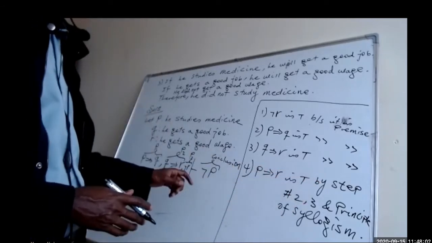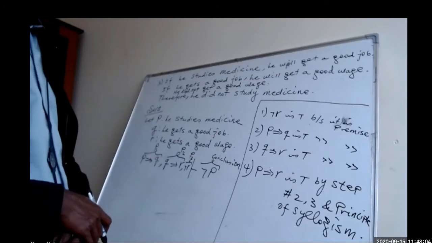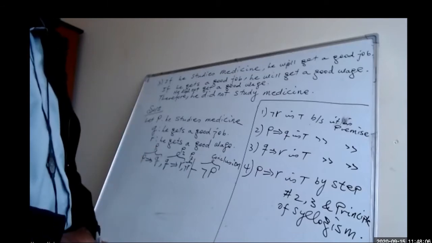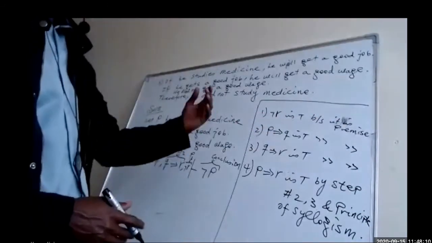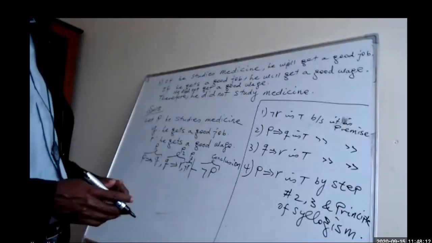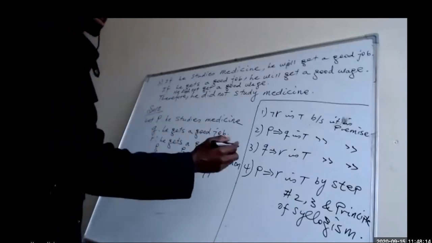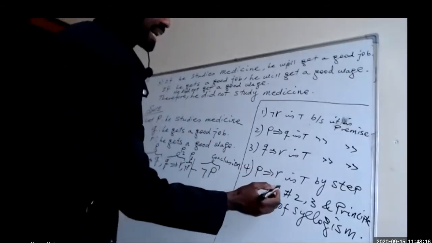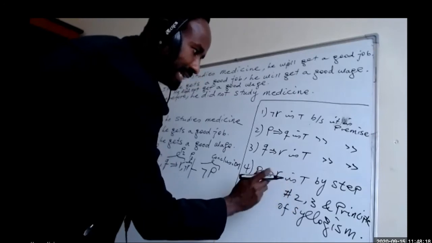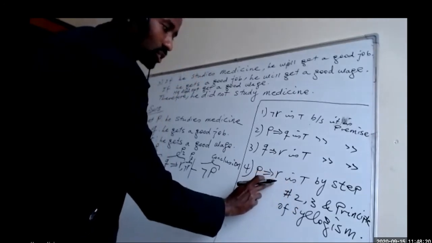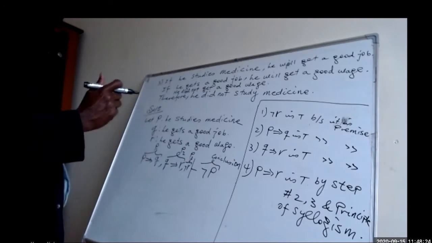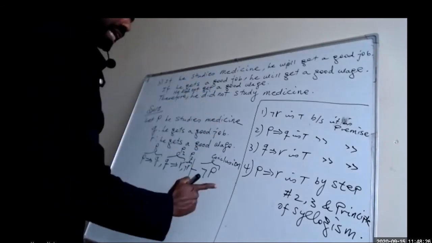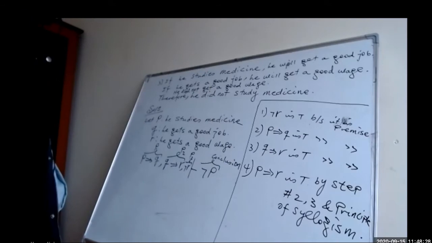And negation of R is clearly true because it's again a premise. R is false. So in order for P implies R to be true, and R is already false, the truth value of P must be false.